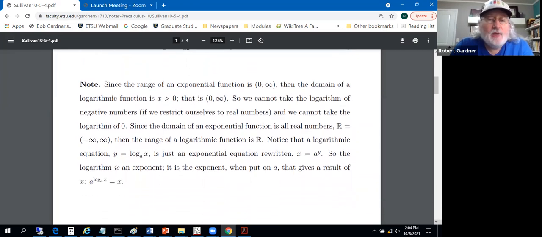Now, the logarithmic equation y equals log base a of x is just an exponential equation of the form x equals a to the y. So the logarithm, again, is an exponent. The exponent here, the y, is log base a of x.